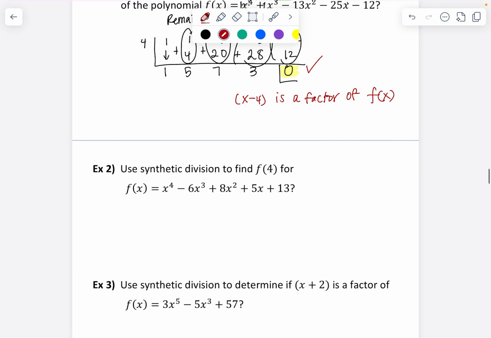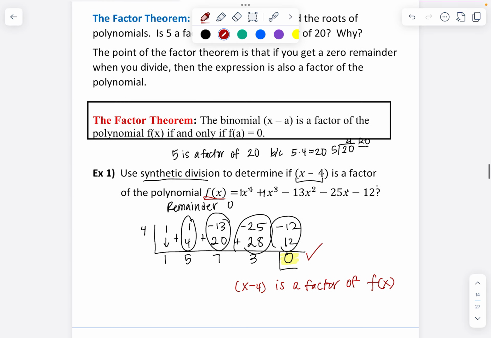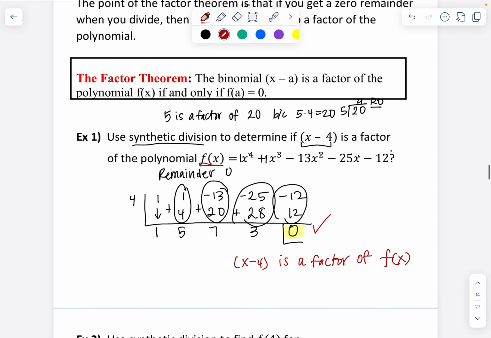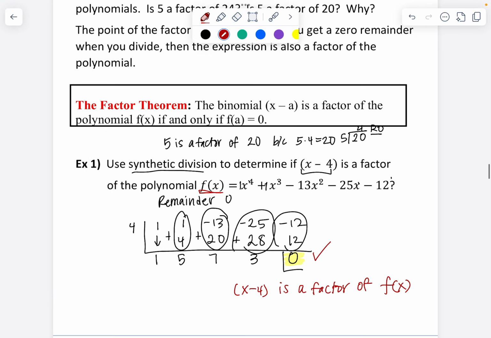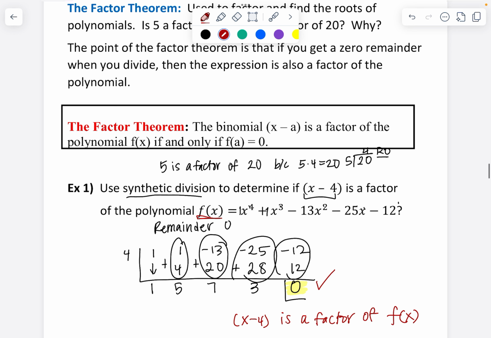Okay, and so what the factor theorem says is that in general, if something is a factor of a polynomial, for example, if x minus a is a factor of f of x, that means a is a root, okay? A is a root.